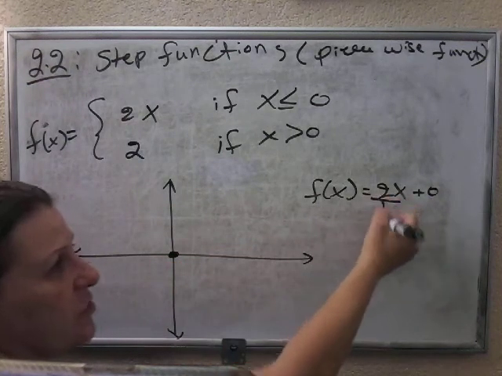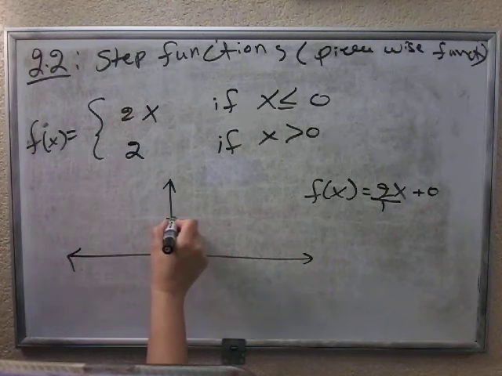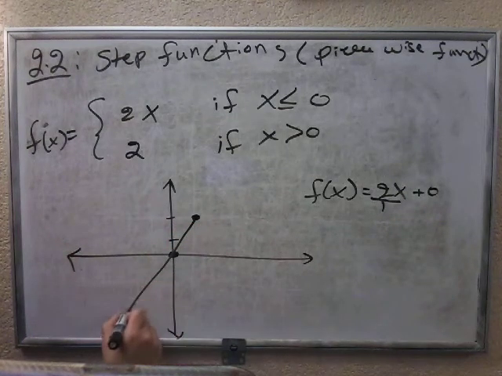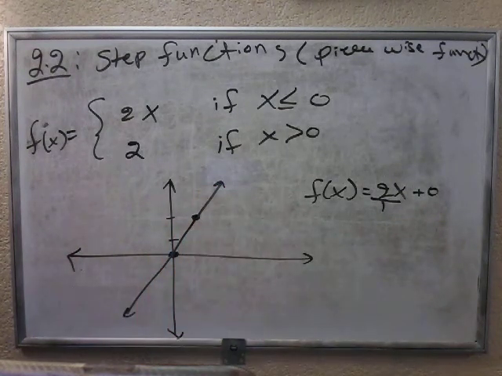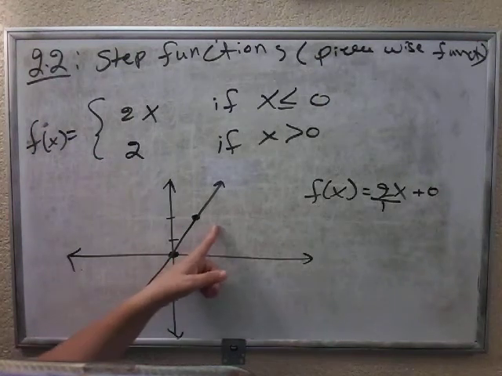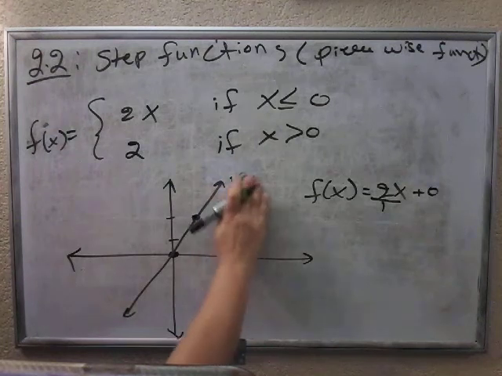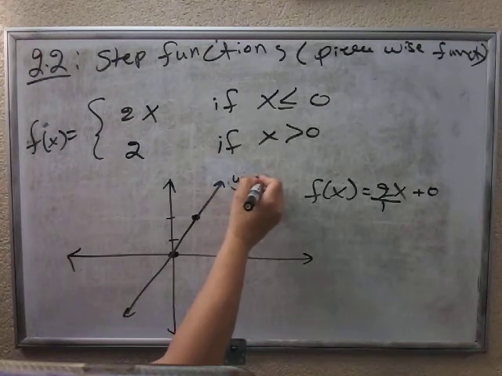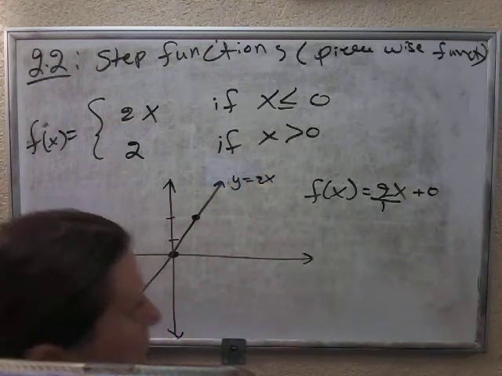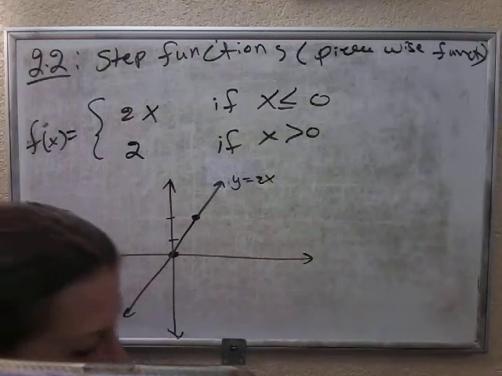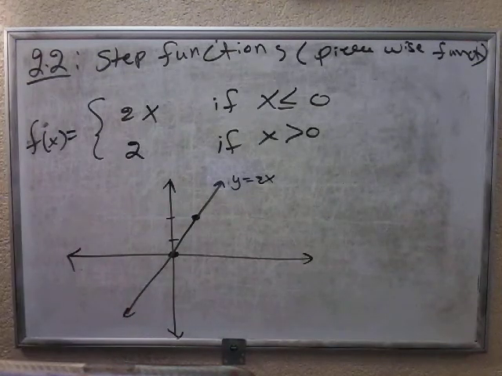And then the slope is 2 over 1. So I'm going up 2 and right 1. So here's my function, the graph of that function. The graph of f of x is equal to 2x. So I graphed using a slope and y-intercept. You don't have to. You can make a short table to graph it.